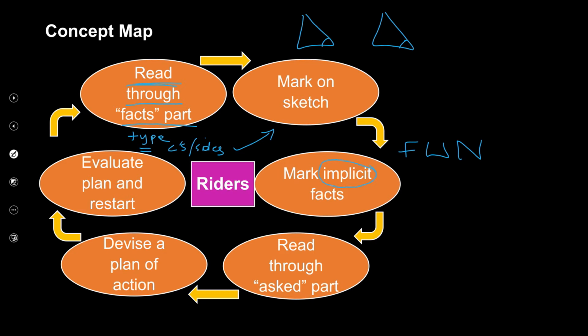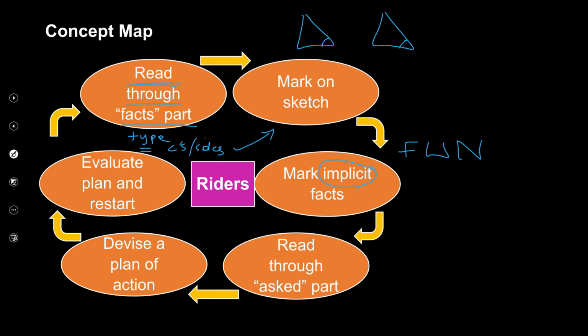So that's just an example of what it means to look at an implicit fact. Also, you then continue, after you do all of these things that we've done, the first three things, and I promise you, they're actually the most important things in this particular type of mathematics, which is geometry.